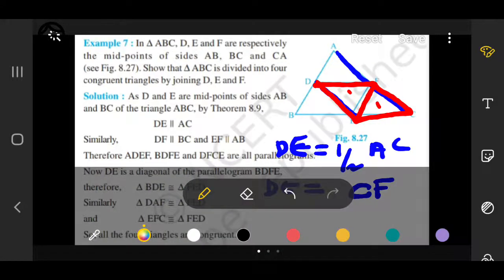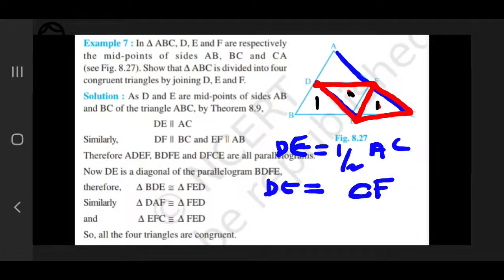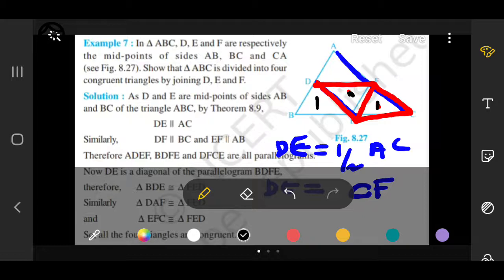We already proved that these two triangles are congruent, and we proved the next two also. So these three are equal, and equal means congruent.